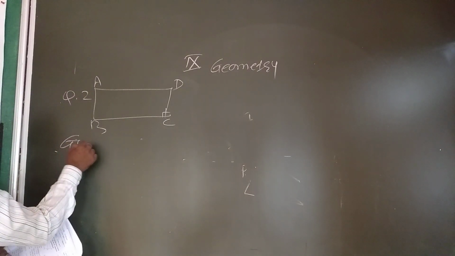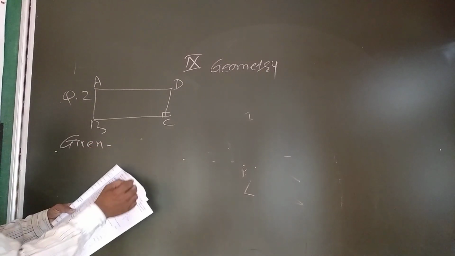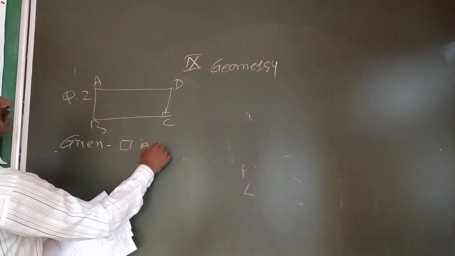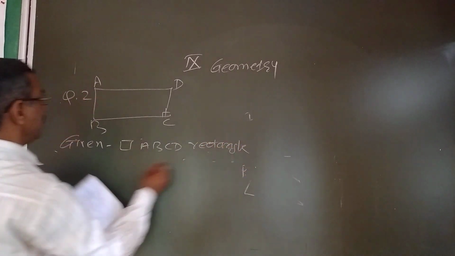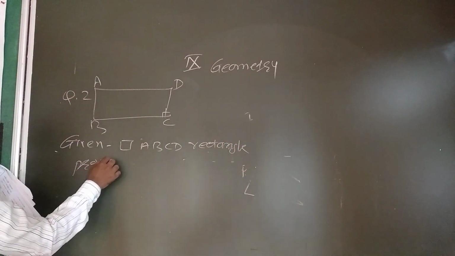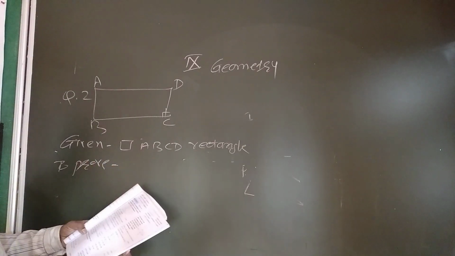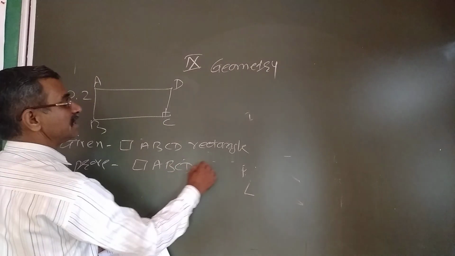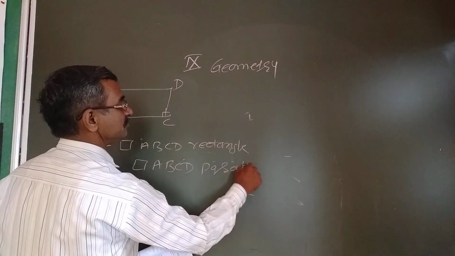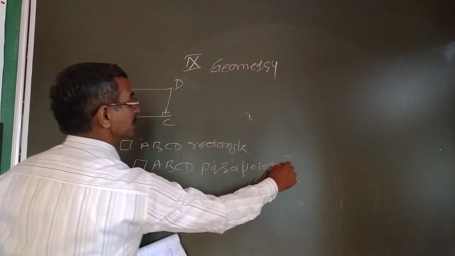In the proof, what is given? ABCD is a rectangle. And what do we want to prove? That ABCD is a parallelogram.